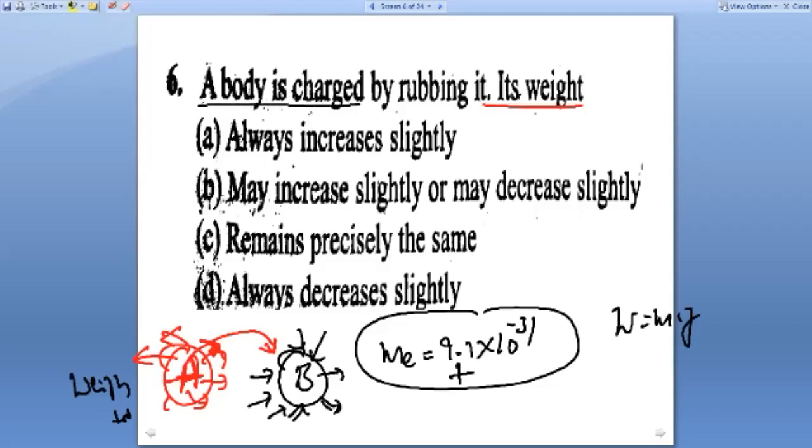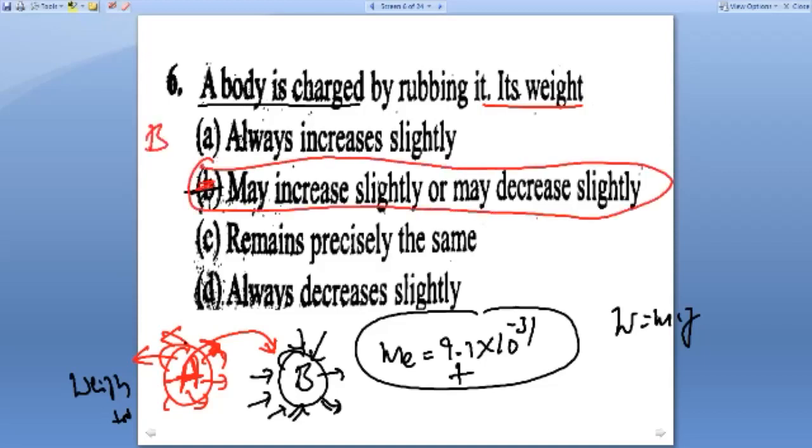Both bodies are charged. By the rubbing method, one body is charged by gaining electrons and the other body is charged by losing electrons. So the weight may increase slightly or may decrease slightly. Both happen. So option B is the correct answer.